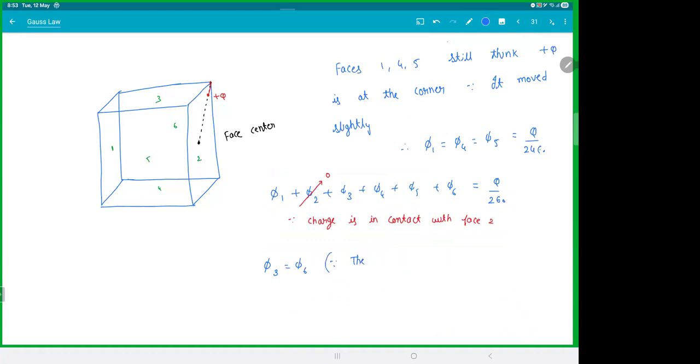Because for the charge q, when you move diagonal, 3 and 6 will look identical. Remember, 3 is the ceiling and 6 is the other face. They're equal due to symmetry.